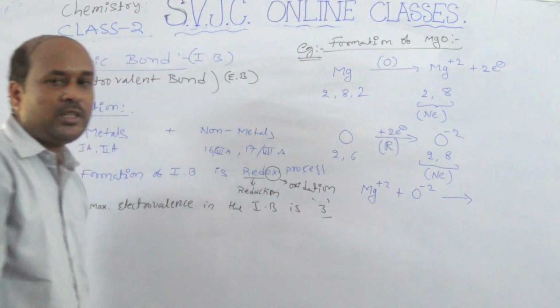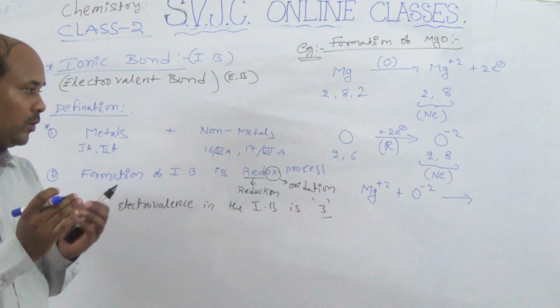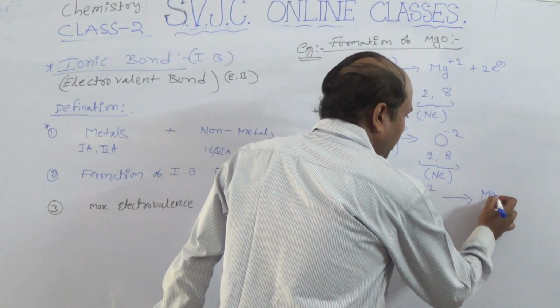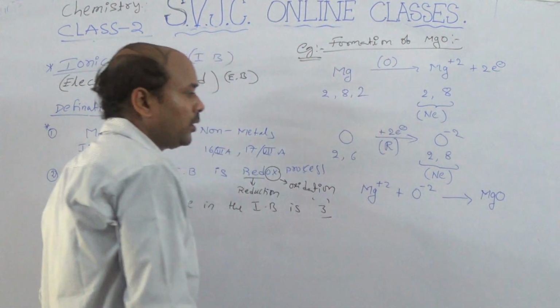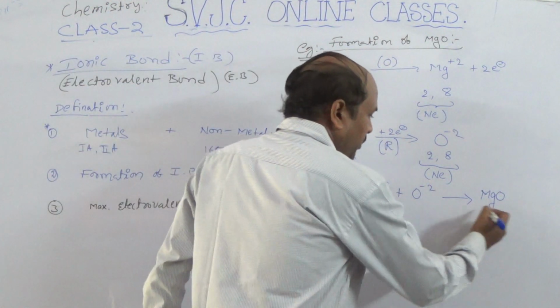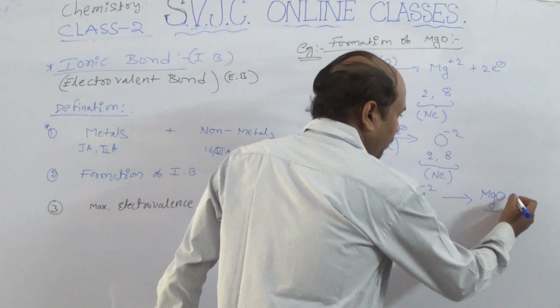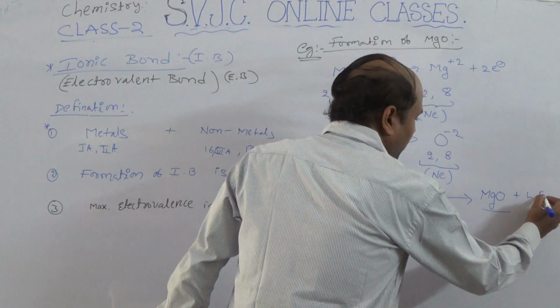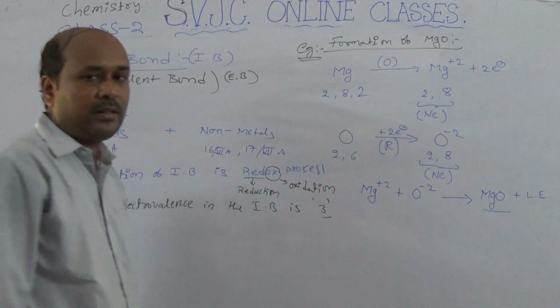When the oppositely charged ions come very close together, they combine and form one compound, MgO, magnesium oxide. During the formation of this ionic compound, a certain amount of energy is released. That energy is called lattice energy.